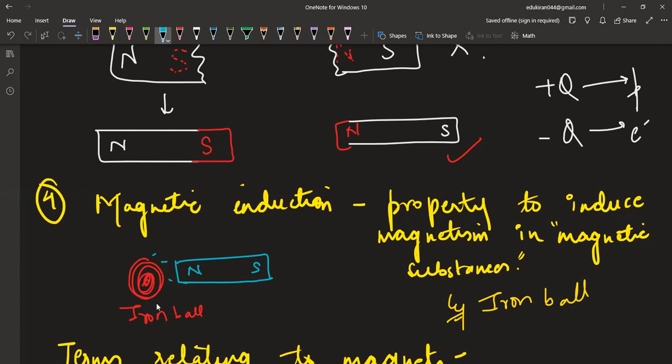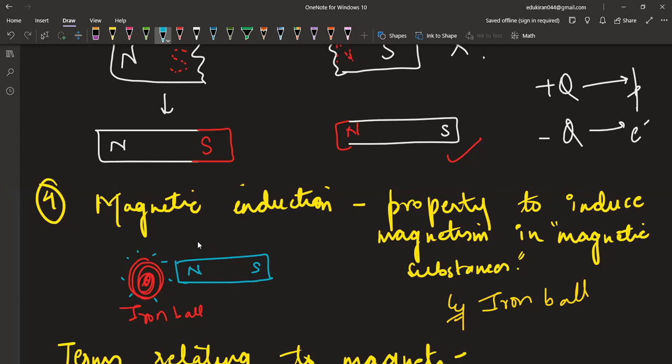So slowly I'll notice that once I have rubbed it for a long time, momentarily, this iron ball will also act like a magnet. If I stick it on a metallic wall or a metallic almirah, it will stick momentarily. After a certain time, it will again lose its magnetic property and become the iron ball again.